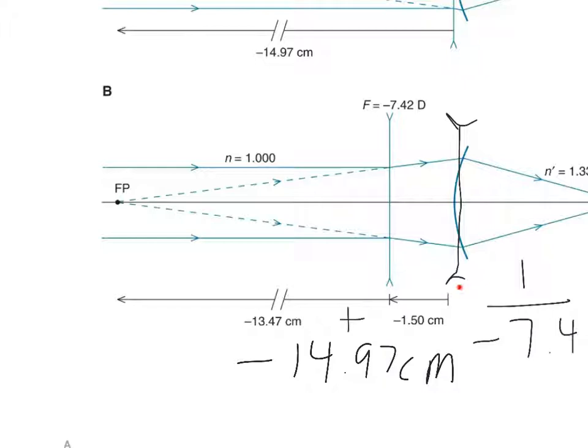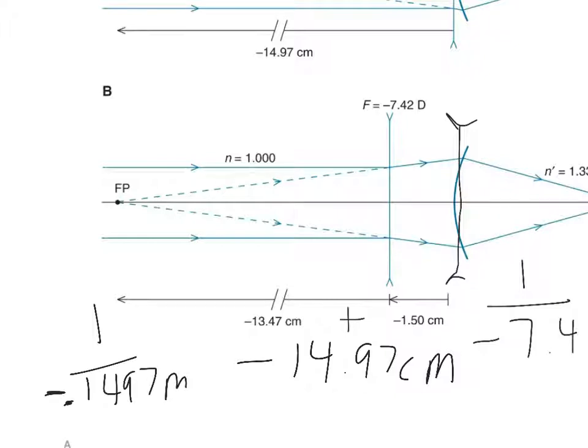Once you have this distance, you take the inverse of it to find out the prescription of the contact. So you take 1 divided by 0.1497 meters. Again, that's negative.